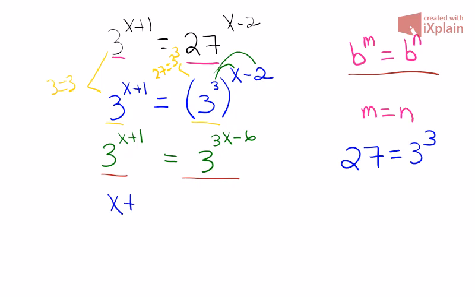Now I have the exponents equal to each other. And now I have just a linear equation to solve. I can subtract x on both sides. I can add 6 to the other side. Divide by 2, and x equals 7 halves.